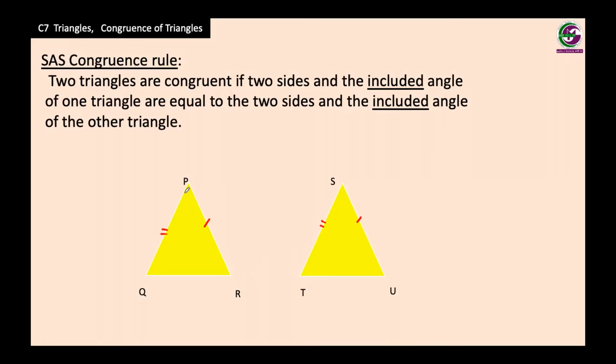So the angle between is P. So it should definitely be given what is P. Let us say P is 50 degree and S is also 50 degree. Yes, then these 2 triangles are congruent by SAS. Side, angle, side. So 2 triangles are congruent under SAS congruence rule if 2 sides and the included angle of both the triangles are the same.